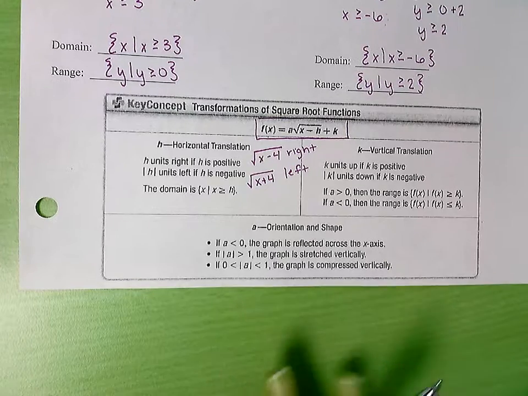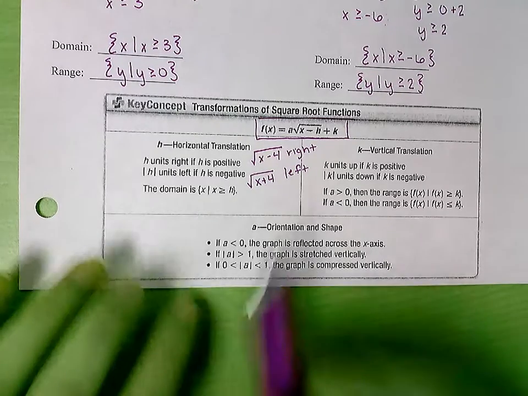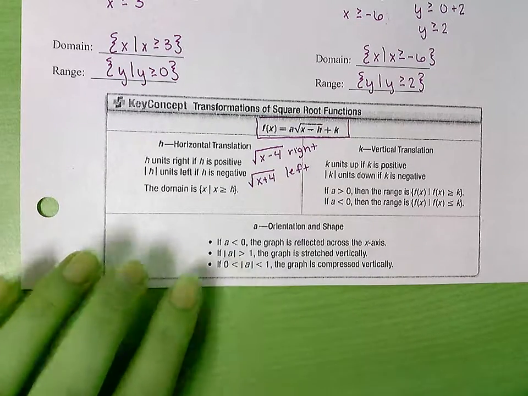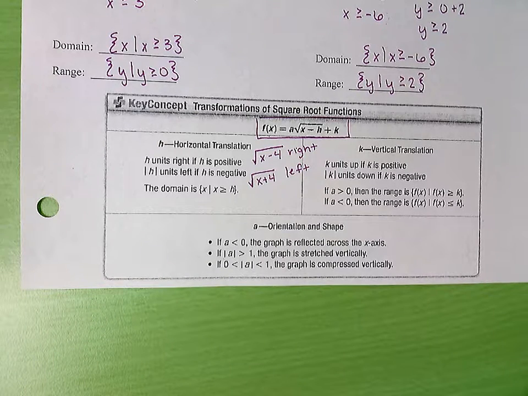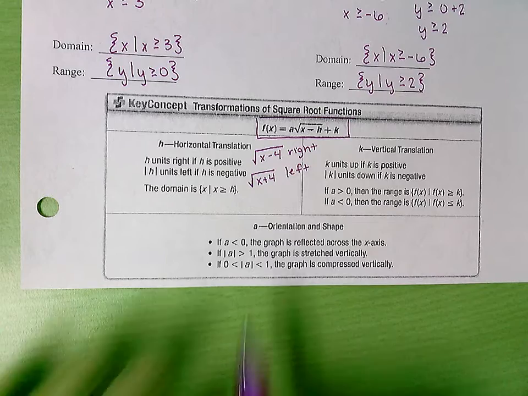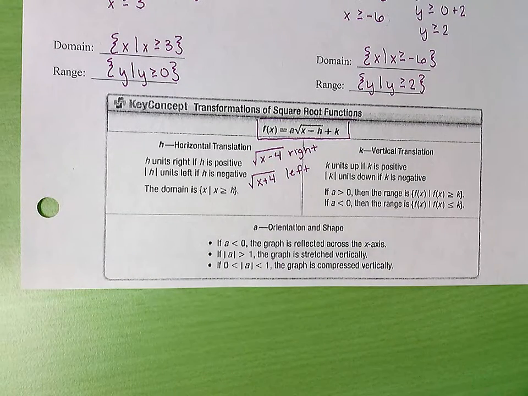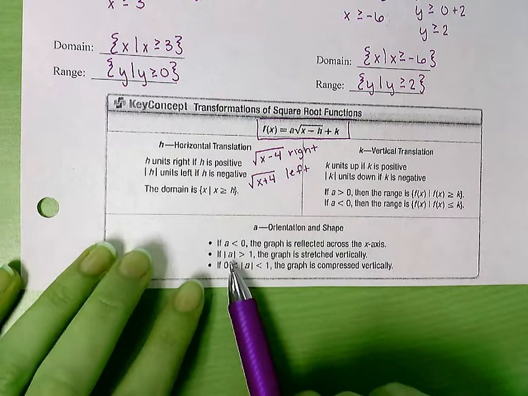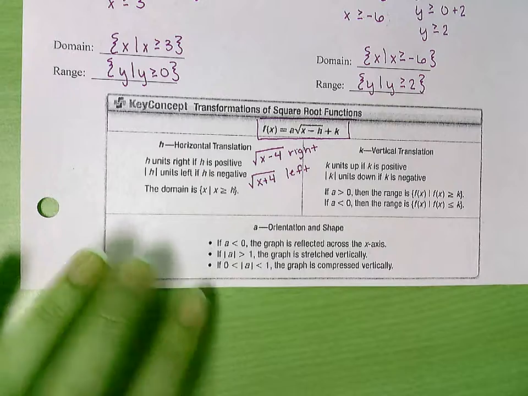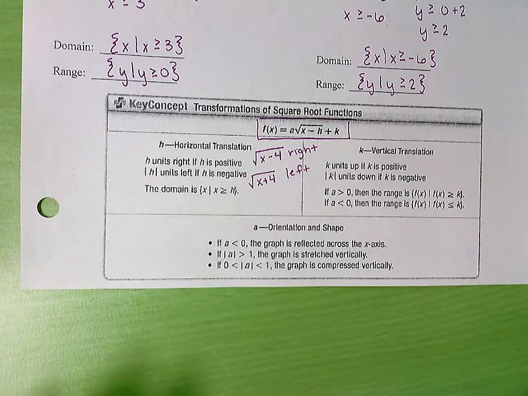A is the orientation and shape. So if a is less than 0, the graph is reflected across the x-axis. If that value out front is negative, it's going to flip over the x-axis. If a is greater than 1, or the absolute value is greater than 1, the graph gets stretched vertically.